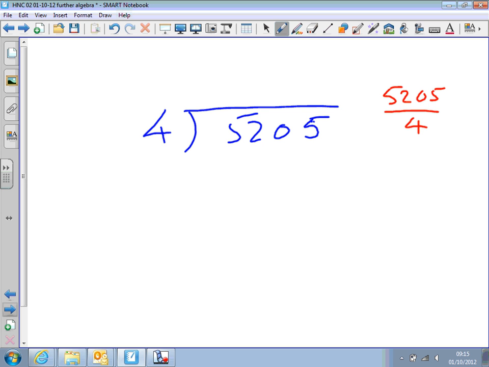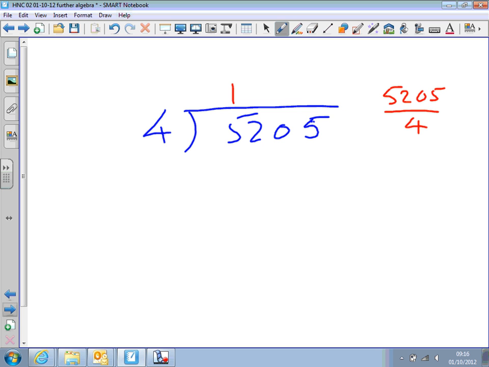It's a top-heavy fraction. So if I get a top-heavy fraction and I want to turn it into a mixed number of whole ones and whatever's left, the remainder, I then do a division like this. Okay, so I do 4s into 5,205. What would I do? Right, goes once, right?